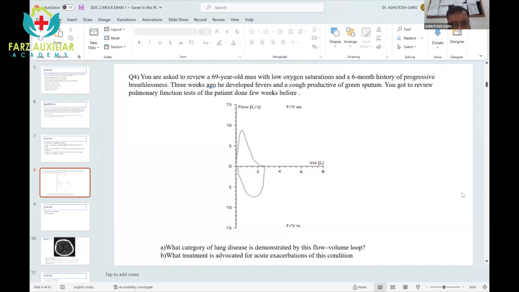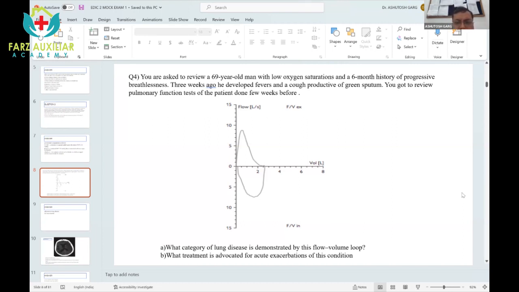Inspiratory. Inspiratory limb. Okay. So can you see the scooping pattern in this? Basically, if the graph is shortened, or both inspiratory as well as expiratory, then this is a restrictive lung disease.